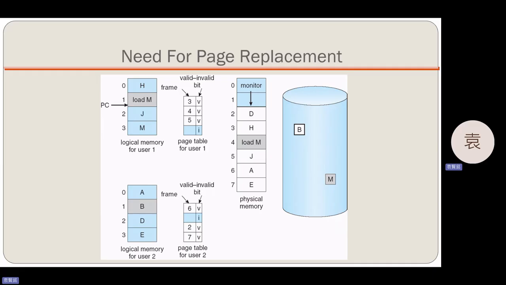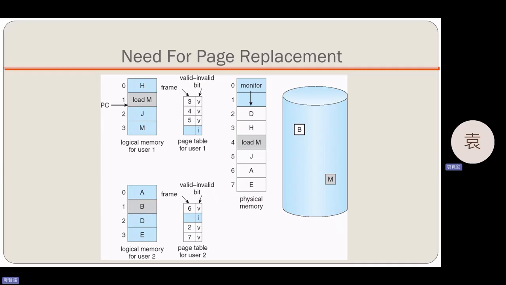The physical memory has 8 physical frames, but 2 of them, frames 0 and 1, are occupied by the operating system. The other 6 frames are allocated, 3 to the first process and 3 to the second process. So currently all the physical frames are occupied.